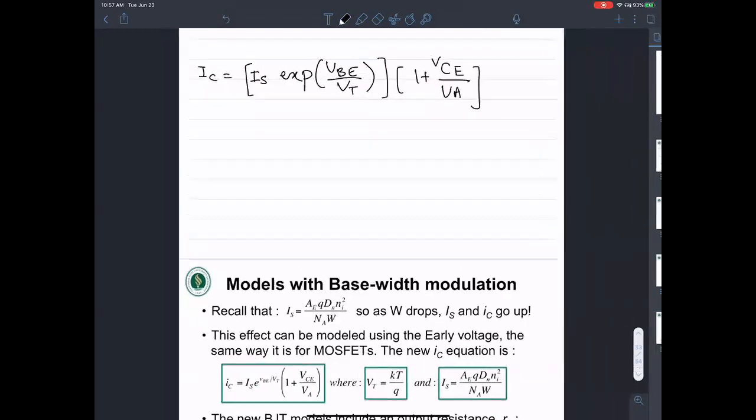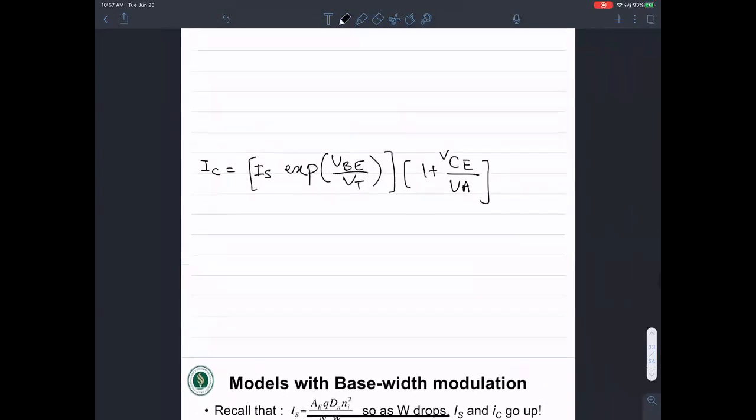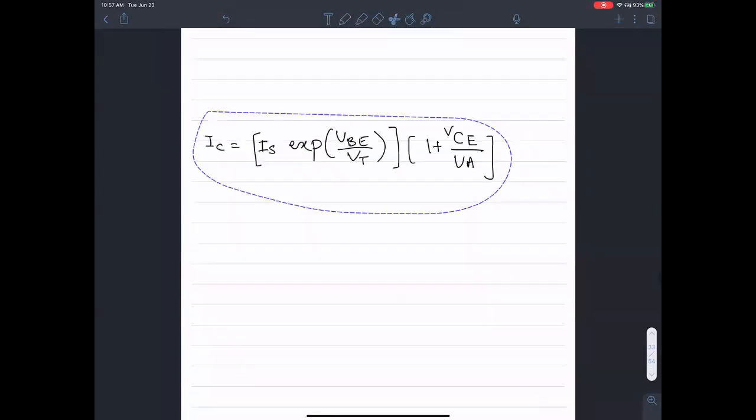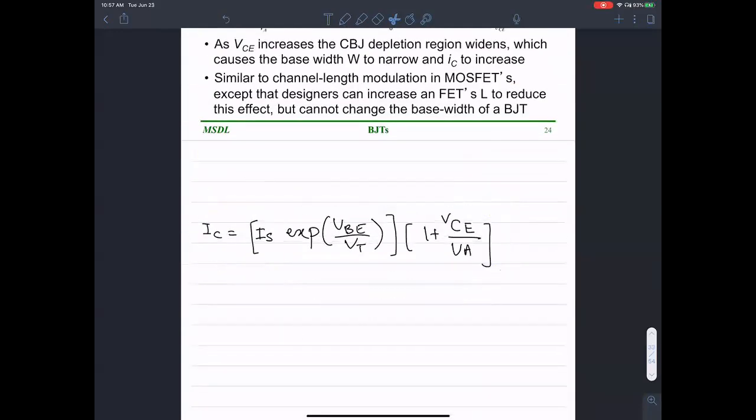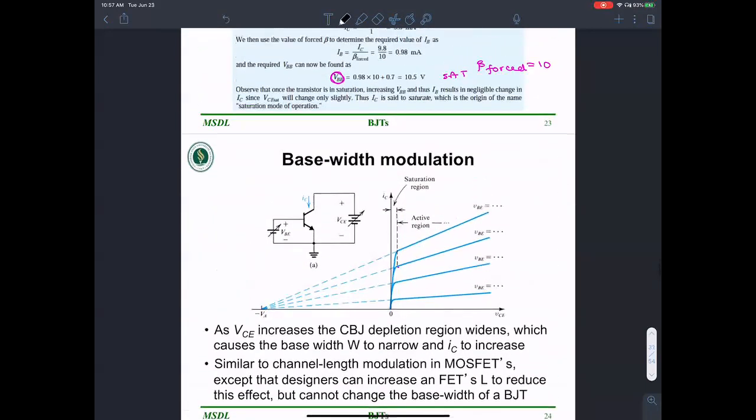Does that remind you of something? This is the equation for the collector current of a BJT, like in MOSFETs, where we use this type of equation for the drain current, including base width modulation.